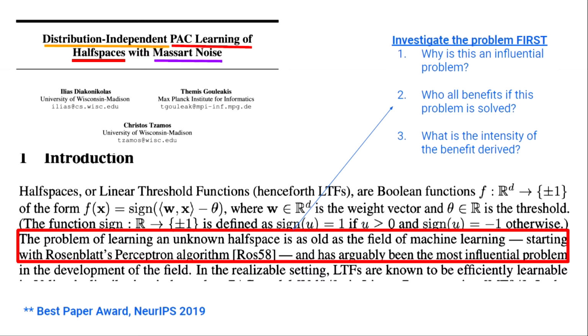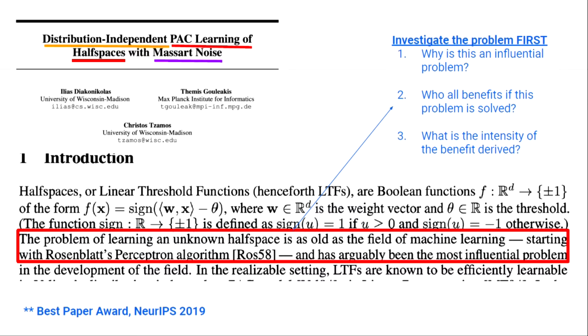For theoretical machine learning researchers, who will be the beneficiaries? People like us who are applied machine learning researchers, right? So what kind of applied machine learning people would actually benefit if this problem is solved? You need to ask that question if you really need to make your research impactful.